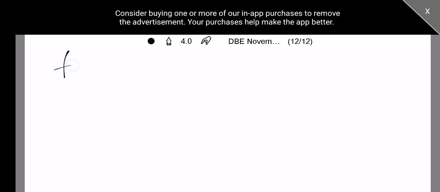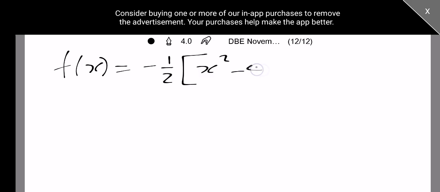Now f of x equals -half x squared minus 4x. I'm just trying to remember it.